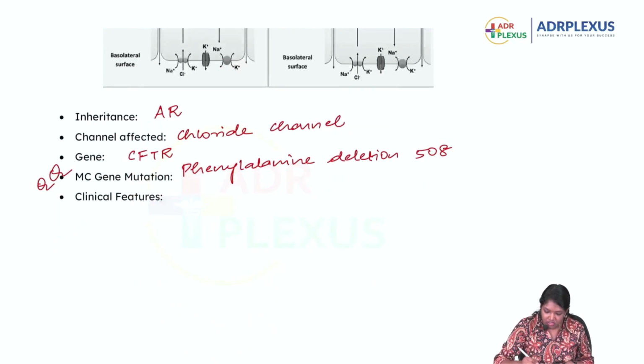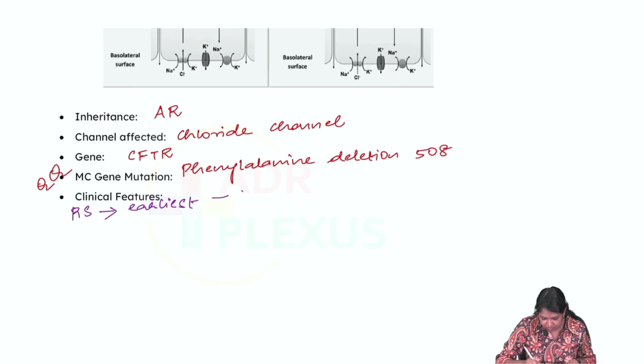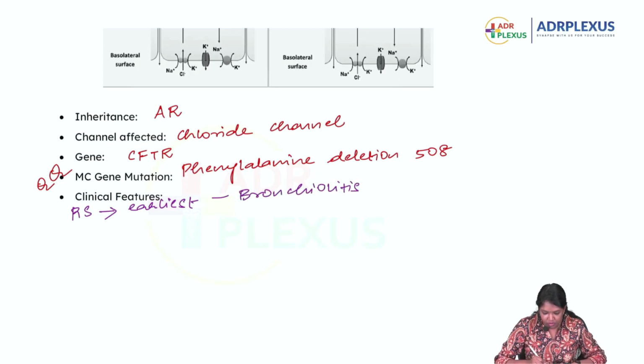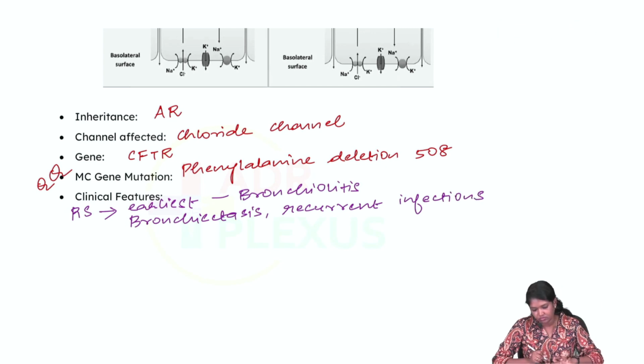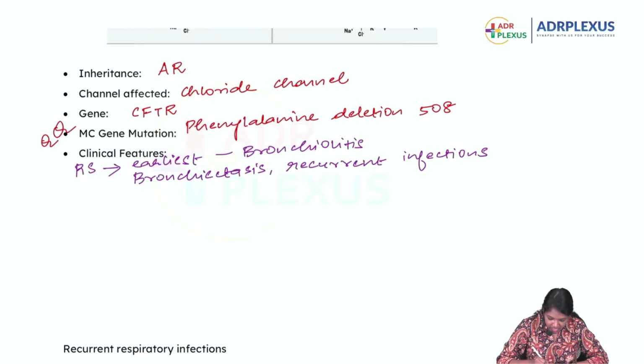Clinical features, we will go system wise. Respiratory system: the earliest feature is bronchiolitis. Then bronchiectasis can happen. Recurrent infections because of this thick mucus. That is the respiratory system. GIT: malabsorption because of pancreatic insufficiency.